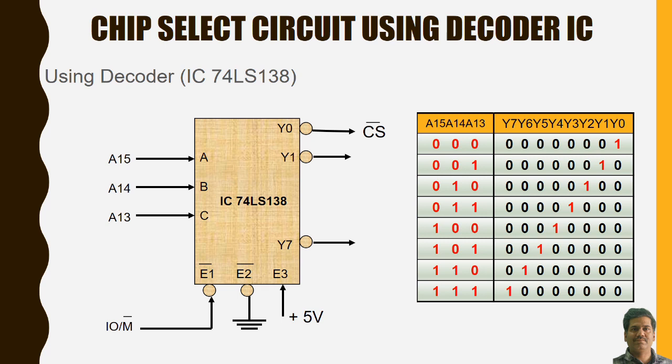But this decoder, not demultiplexer, this decoder is used for interfacing the various chips, and we can design a suitable chip select logic to select a particular memory IC for the given range of address among the various memories.